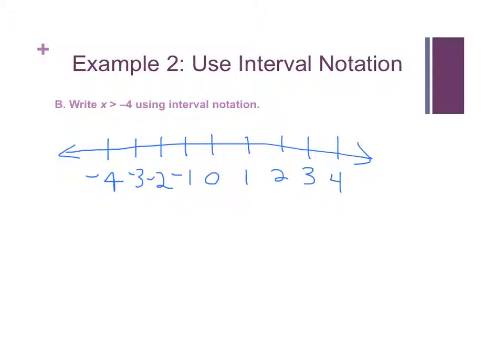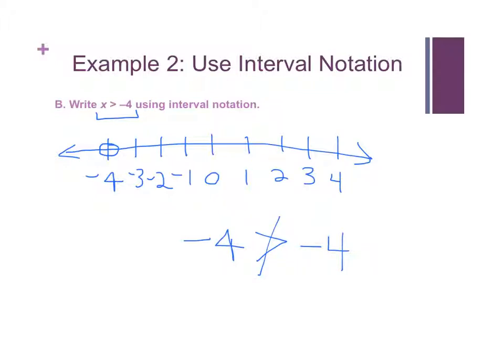And if I'm going to graph this inequality, here we have x is greater than -4. So I am going to put an open hole, or an open dot, on -4, because -4 itself is not greater than -4.